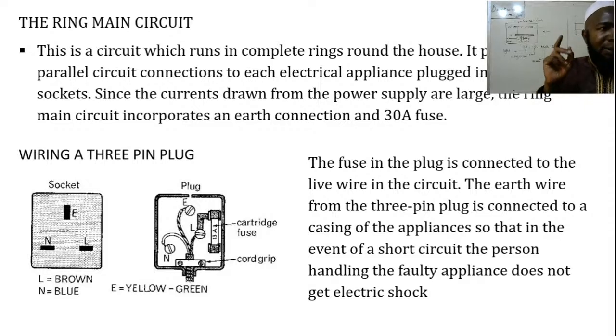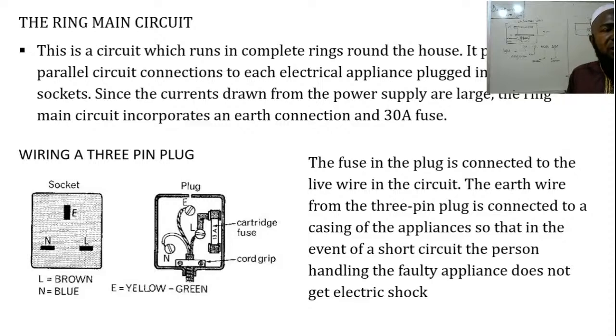We said the 3-pin plug has 3 wires: the neutral wire, the earth wire, and the live wire. The earth wire from the 3-pin plug is connected to the casing of the appliance, so that in the event of a short circuit, the person handling the plug does not get an electric shock.